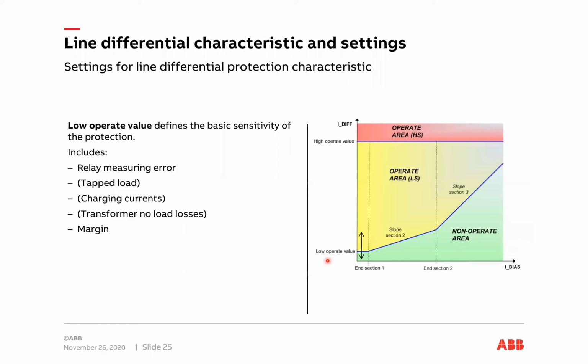Here we include relay measuring error, and in case we have a tapped load, we must also include the load current going to the tapped load, since it will be seen as pure differential current. Also, we need to include charging currents if we have them, and in case of an in-zone power transformer, we need to include the no load losses and a margin.